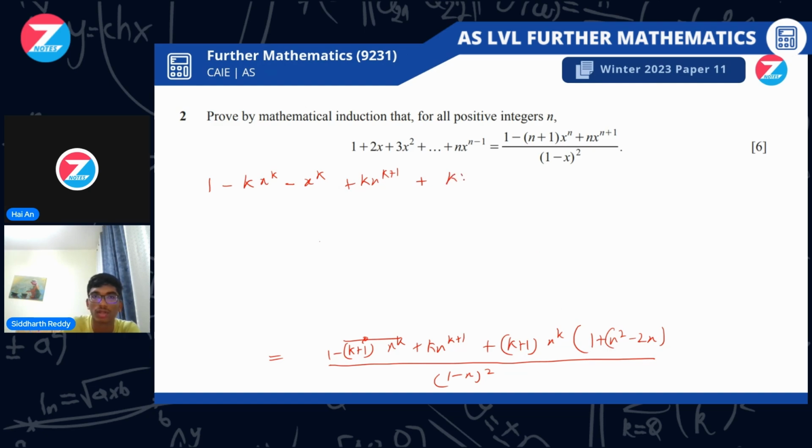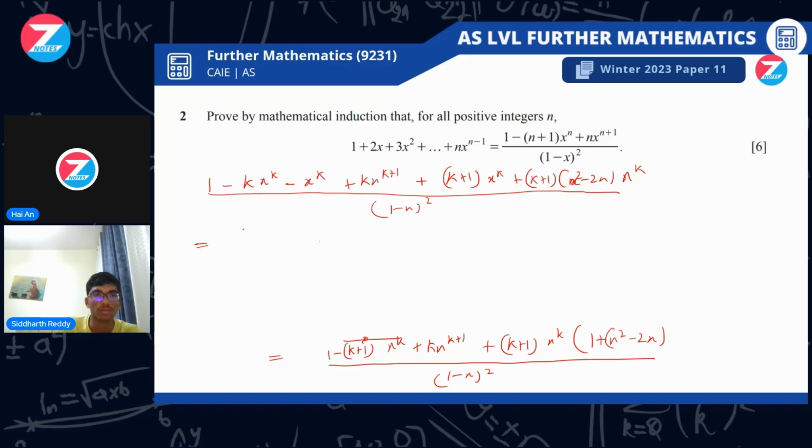So we've got (k plus 1) times x to the power k plus (k plus 1) times (x squared minus 2x). So this is all divided by (1 minus x) whole squared.